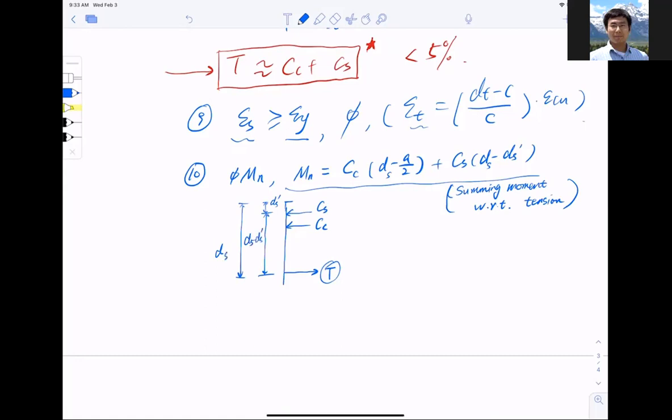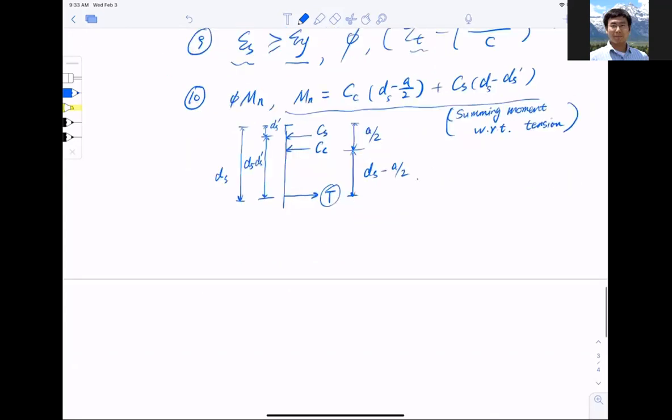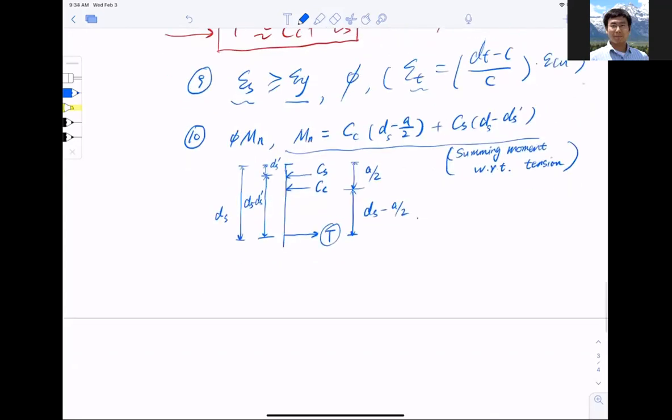And the distance between the concrete compression and the top edge is half a, so the distance between Cc and T is ds minus half a. Hence I have this equation. I'm summing moment with respect to the tension side. That is the correct procedure for a doubly reinforced section.